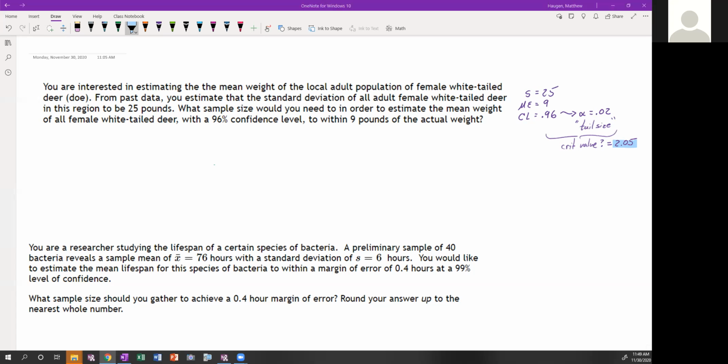So my problem with the deer one is, don't you need the sample size to determine the t value? Yes, but of course we don't, we're trying to find sample size, right? Yeah, which is where the knot is. Which is where what is? The knot, the problem.